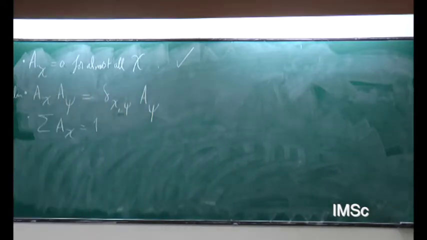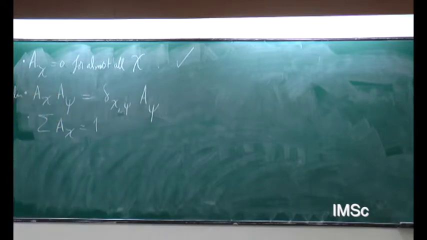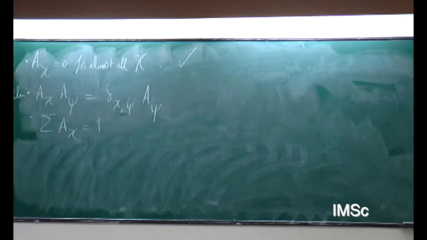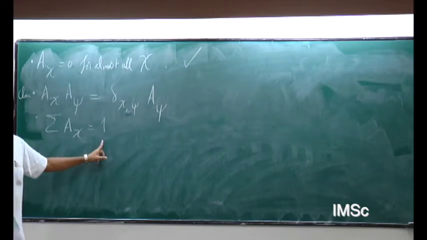So now you have a bunch of matrices which are projections, which are orthogonal projections in the sense that, in particular, A chi squared is A chi. Remember that something is called a projection if p squared equals p. So this is an endomorphism or an n cross n matrix if you wish, whose square is itself. So it's a projection. They are orthogonal and their sum is 1, right?